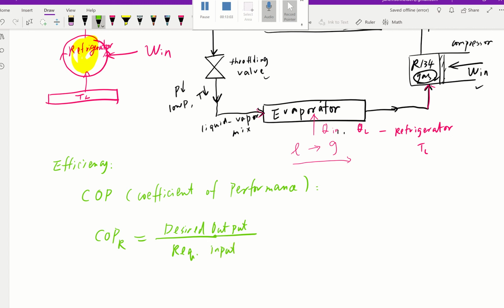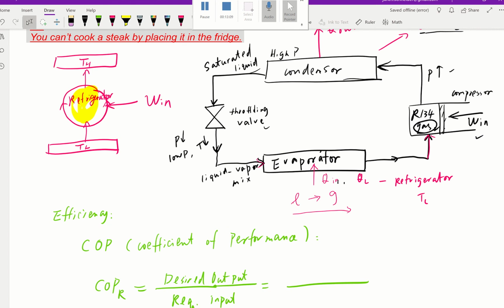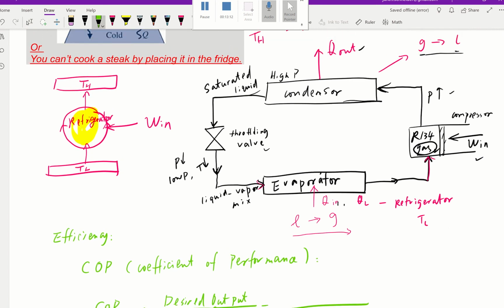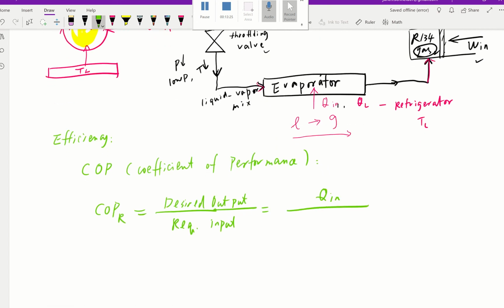And what would be the desired output for this refrigeration cycle? What do we want? Do we want the work coming in, or do we want the heat released out to the kitchen, or do we want the heat sucked out from the refrigerator space? Of course, that would be Q in. We want more and more heat taken out from the refrigerator space. Q in, that's what we desire, or we can write it down as QL, which means it's from the lower temperature reservoir.